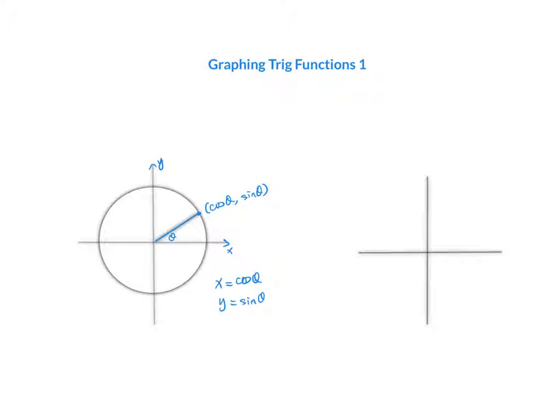So now when we're asked to graph trig functions, y equals sine theta for example, what we're really asking to do is take the unit circle and make a cut here. See that? I make a cut here.